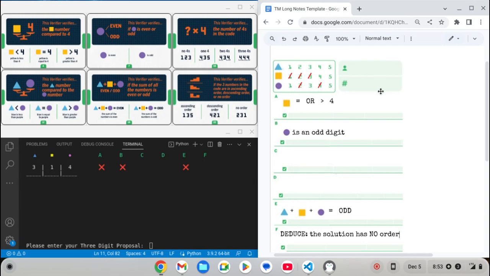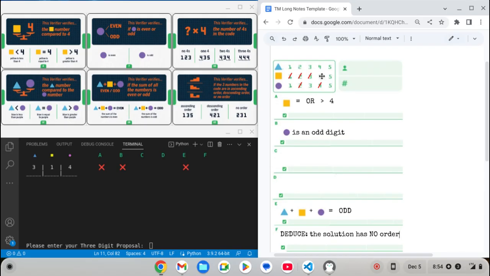So let's see, since we didn't see the number of 4s, there could be a single 4, and that would mean that we'd have to have 2 evens if we have a single 4.